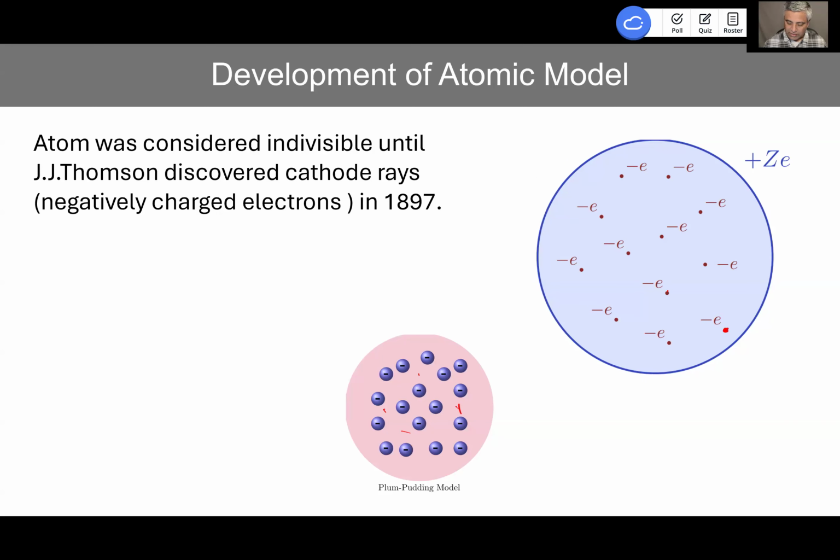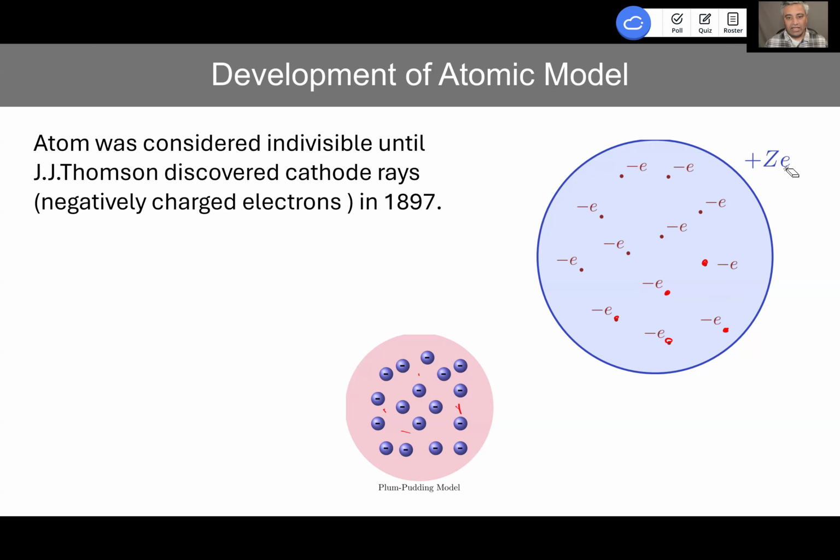So these dots represent the electrons, and they are spread all over this dough, and the dough is made up of positive charge. Okay, so Z here is called the atomic number. We'll talk a bit more about it in the next class when we talk about nuclear physics.